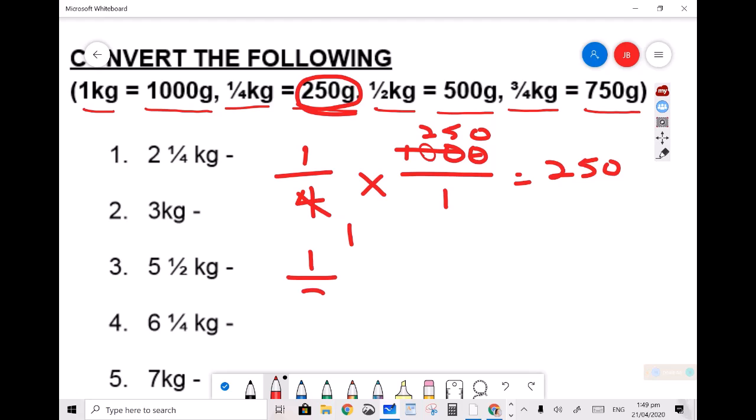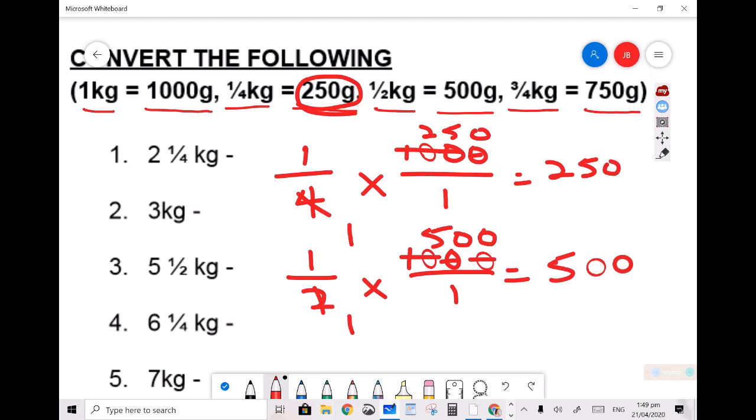A half of 1,000 grams would be 2 into 2, 1, 2 into 10 is 5, 2 into 0 is 0, 2 into 0, 0. And 1 by 500 is 500 grams.